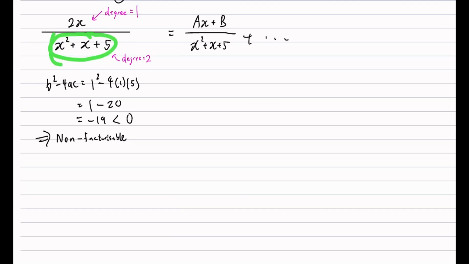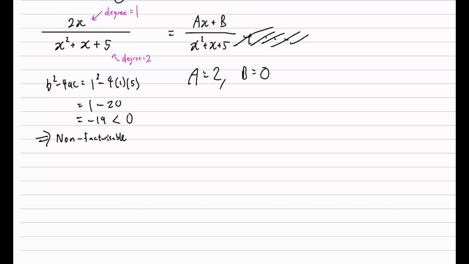Whenever the denominator only has one single factor, you're done. a is just equal to 2, b is equal to 0. You just get 2x. Okay, so maybe this is not a good example. I just want to highlight to you that sometimes you don't need to prime factorize. So maybe it's better if I just introduce one extra factor, let's say x minus 1.